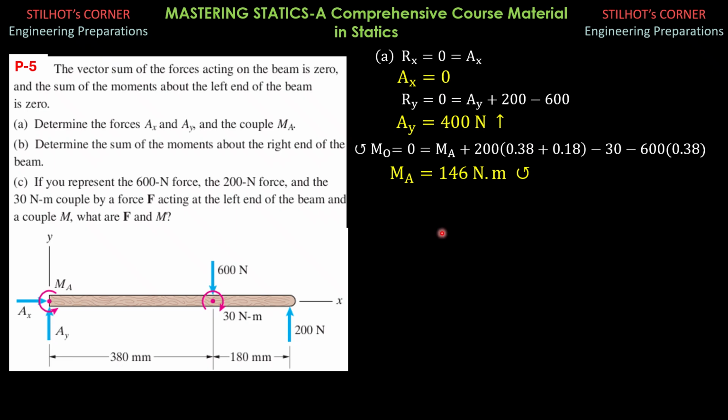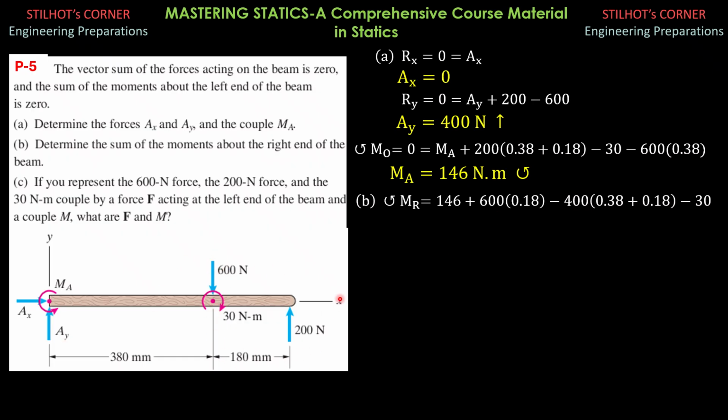Then for part B, sum of moments about the right end. So the summation of moments about the right end, counterclockwise positive. So we have MA, which is 146, plus 600 times 0.18.